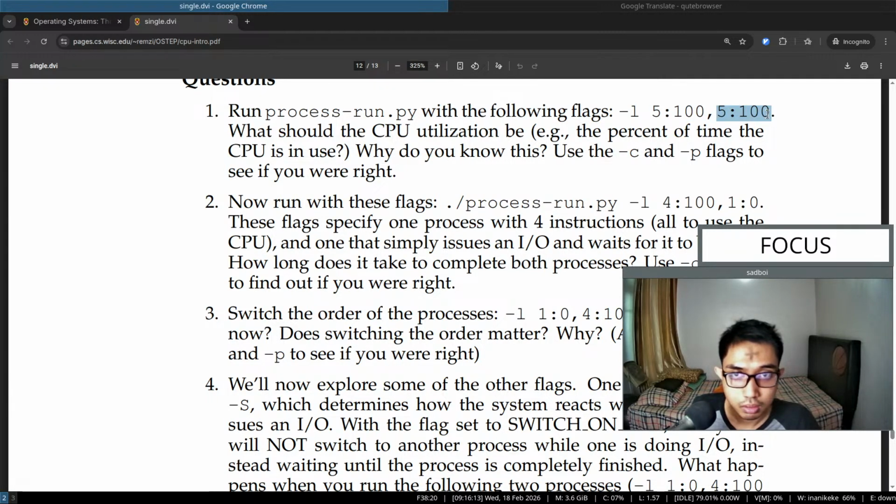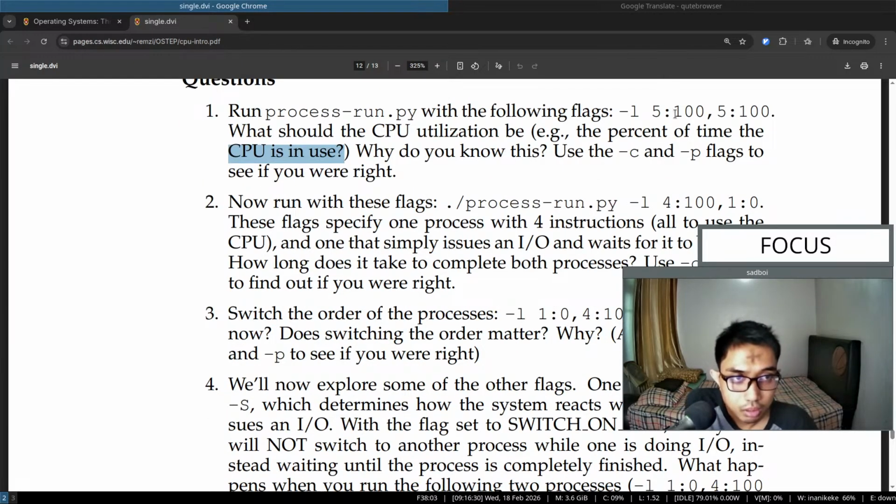Okay, what should the CPU utilization, the percent of time the CPU in use? The percent of time the CPU in use.